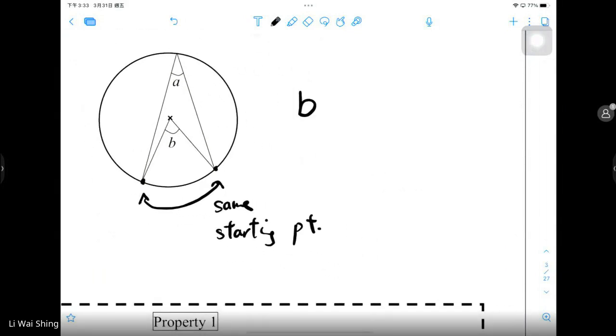The angle at center is twice the angle at circumference. If they start at the same point and point toward different positions, the angle at center is twice the angle at circumference.